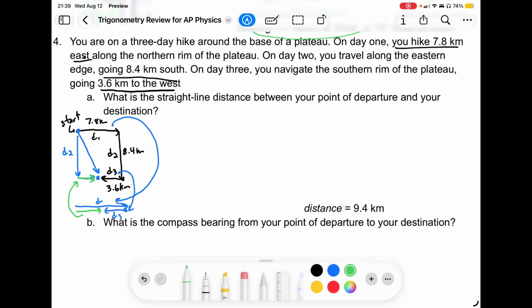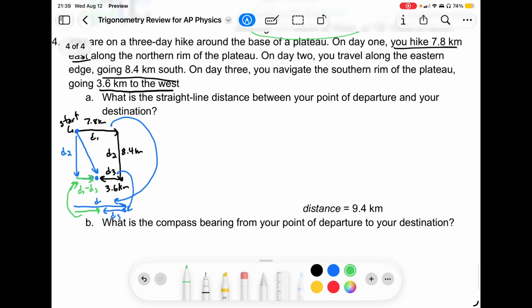So what this really is, is we take D1 and subtract out D3. That gets us the bottom side of our overall D total triangle. To figure out that side, we take D1, our initial movement in the eastward direction, and then subtract out D3, which was our final movement back in the westward direction that undid some of D1's progress.